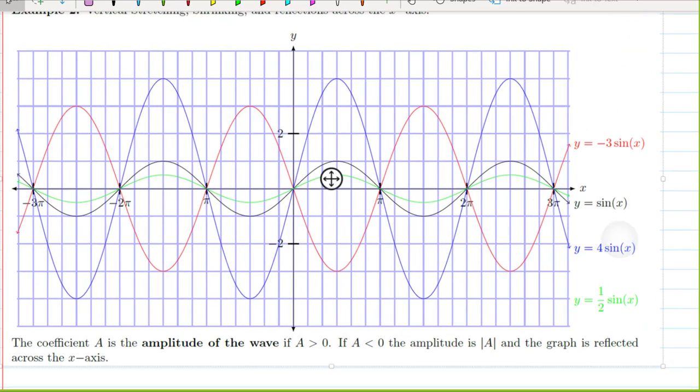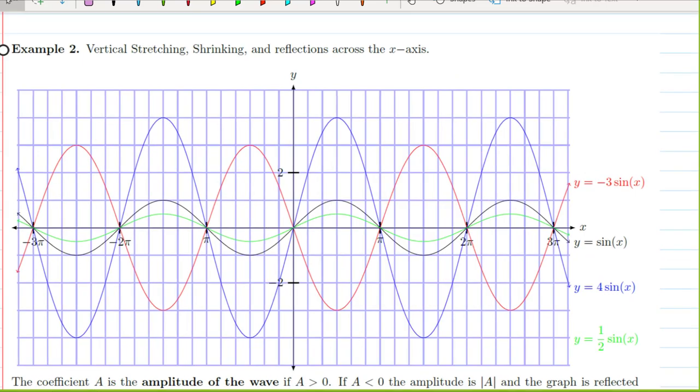So once again, if we start with our parent function this time, and this graph is a little busier, we have our black function right here is our function y equals sine x.